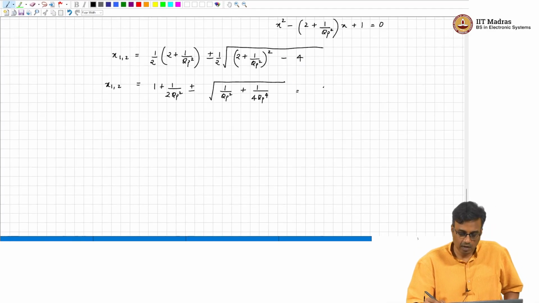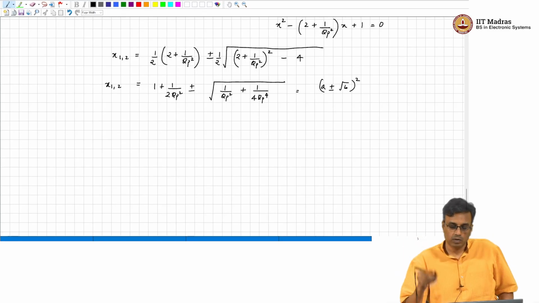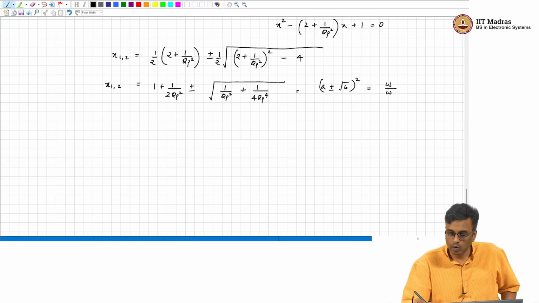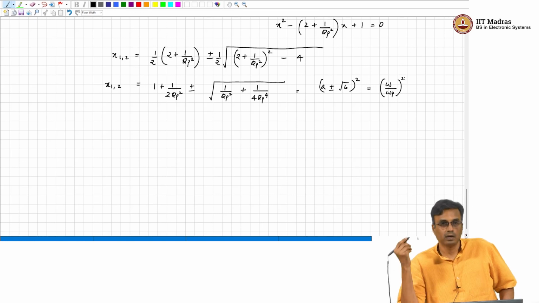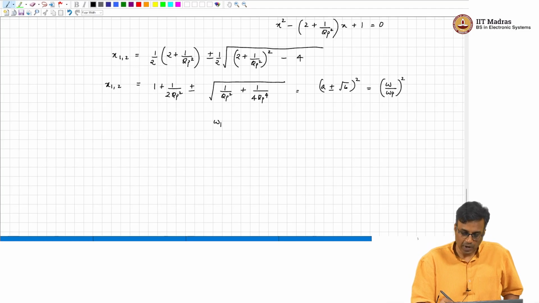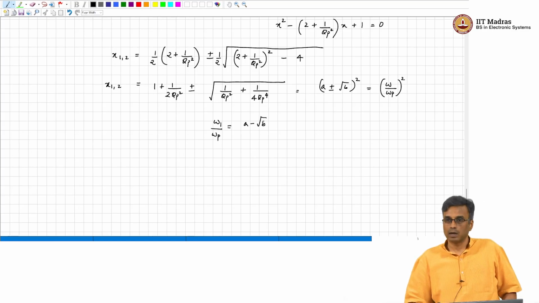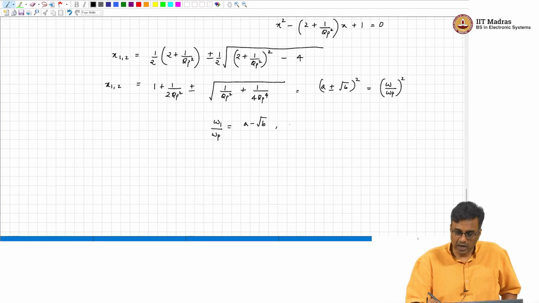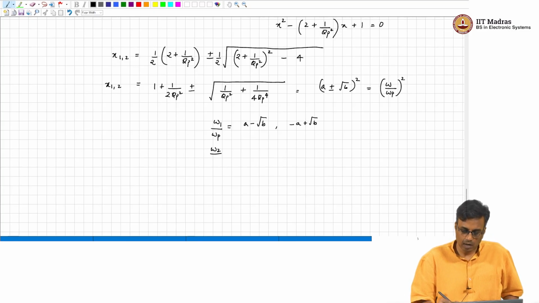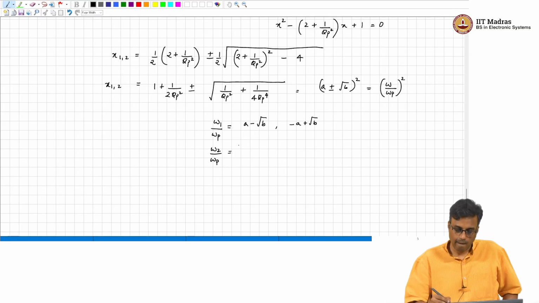This is of the form a plus minus square root b, whole power 2. So this is nothing but omega over omega p the whole square. So omega 1, the first frequency at which the magnitude becomes 1 by root 2, is a minus root b, and the second frequency will be a plus root b.